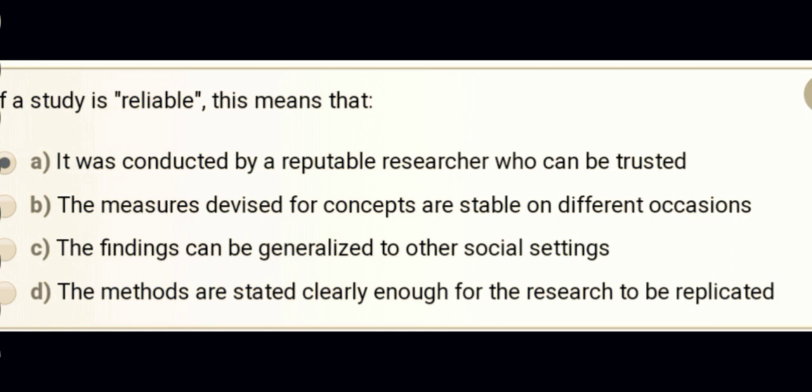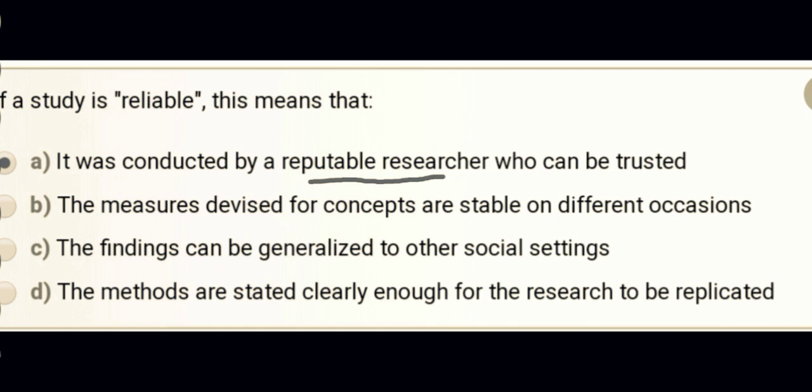If a study is reliable, this means that it was conducted by a reputable researcher who can be trusted. B option was the measures devised for concepts are stable on different occasions. C option was the findings can be generalized to other social settings, and the D option was the methods are stated clearly enough for the research to be replicated.